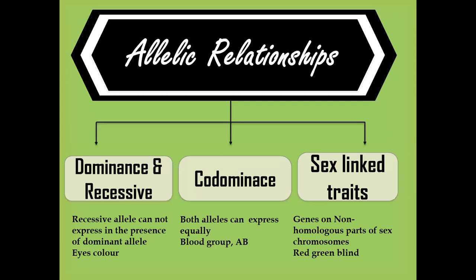So this is called the non-homologous part of the sex chromosome. This will produce a disease or recessive characters or kinds of defects. So these are called X-linked characters or sex-linked traits. Red-green blindness is one example.